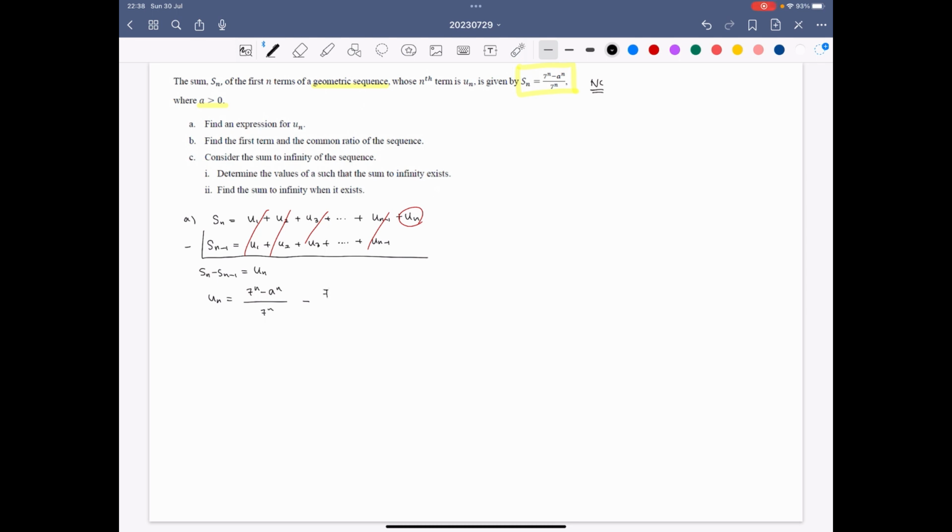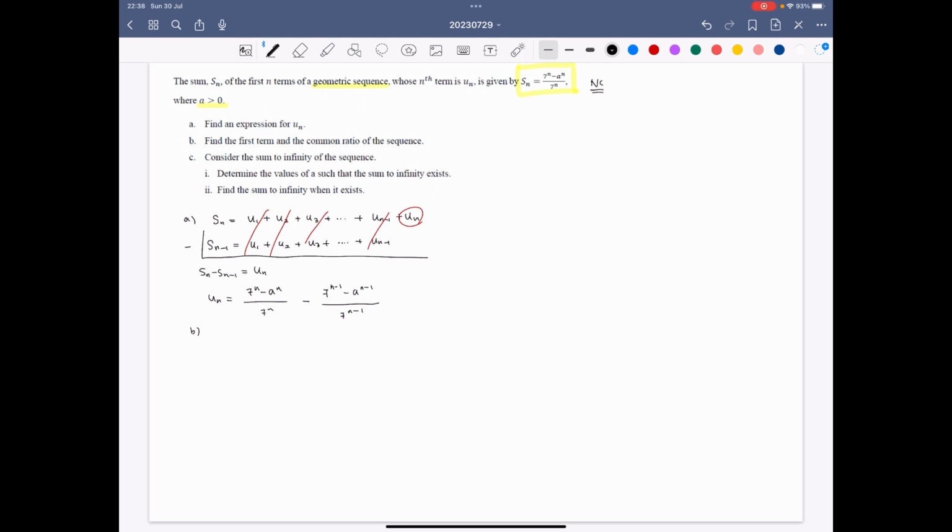So that is 7 to the n minus 1 minus a to the n minus 1 over 7 to the n minus 1. You might want to further simplify this, but I don't see a reason right now. If they ask you to do that, you should be able to just by combining the fractions. But for now, let's leave it like that.